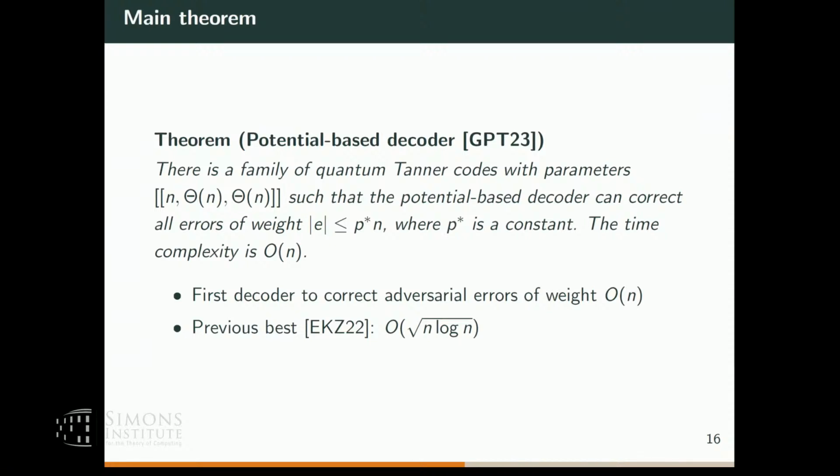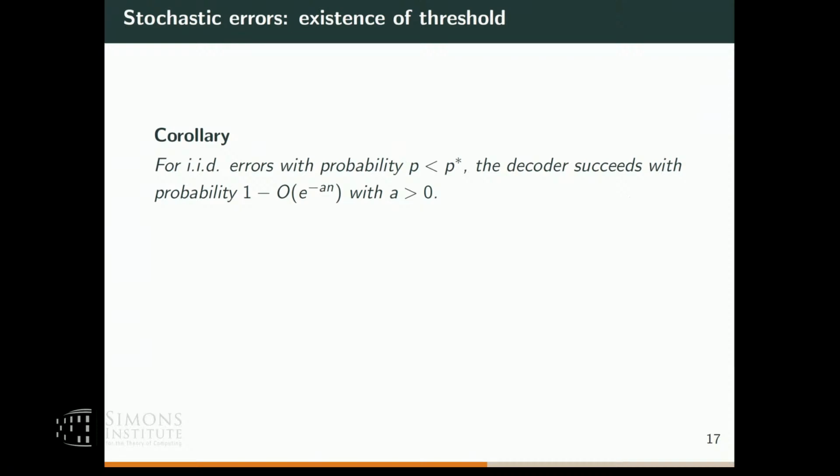Okay, so this theorem is talking about the adversarial scenario, because we're saying if the error has sufficiently small weight. But using this result, we can immediately also get the stochastic setting. And let me say exactly how that works. We can consider a simple error model where it's IID errors, where each qubit is corrupted with some small probability.